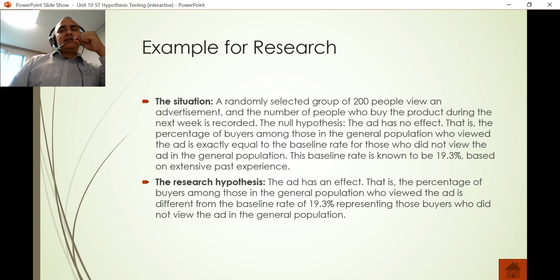Now, precisely this is what I was telling you about the 95% level of confidence. Between what number and what number is going to be that level of confidence? Maybe I'll say, well, if the number is between, let's say, 17 and 21, then I can accept that research hypothesis. But if it doesn't fall into that range, then I'm going to accept the null hypothesis and say there's no connection between the values.